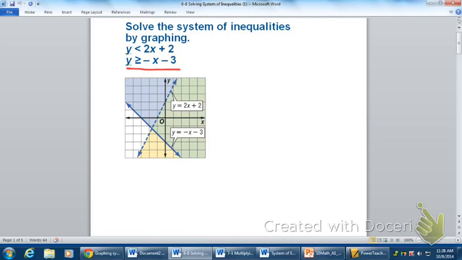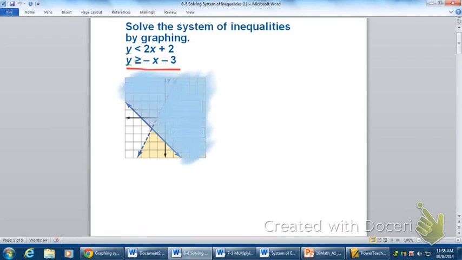And the last part to this is they shaded y is greater than. So, if we're just looking at this line, they shaded greater than. So they shaded more. They made it green. Do you understand those two lines, those two shadings?